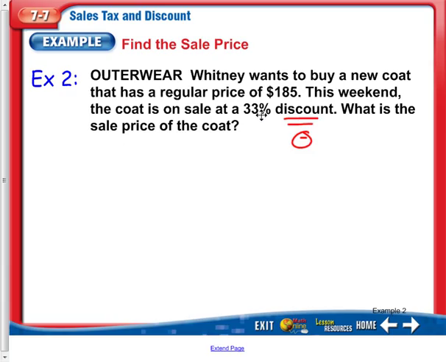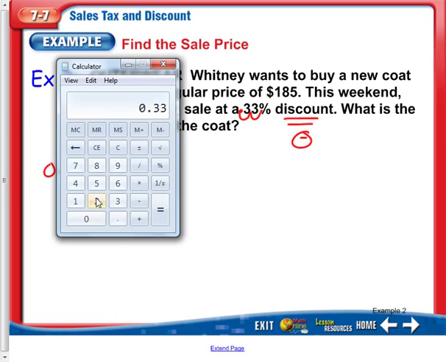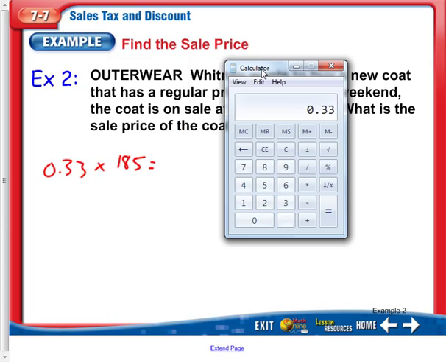So let's do this first. Let's go ahead and find the decimal version of 33%. So we're going to have 0.33 times 185, because I want to find out how much the discount actually is. So it's actually a $61.05 discount.